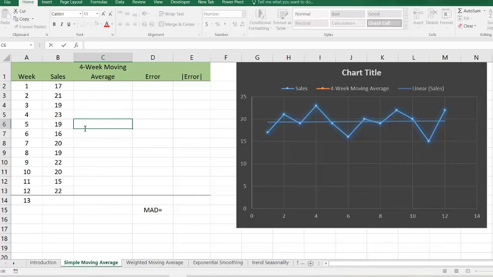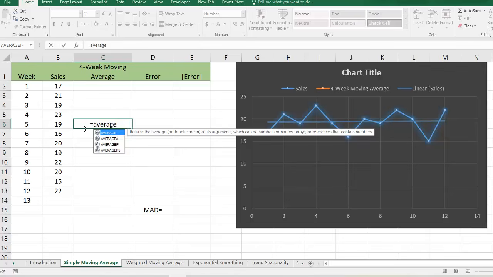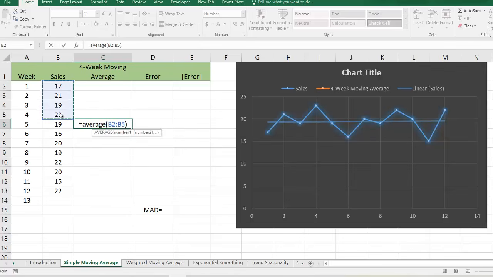In Microsoft Excel, we can either manually generate the formula or pull in a built-in function. And for this case, we're going to use the average function. So our first forecast for the 5th week is 20.